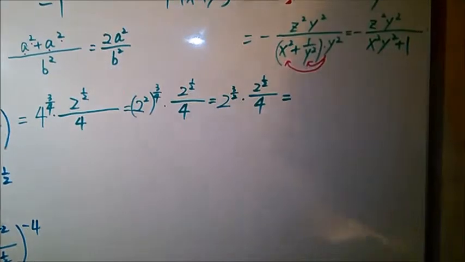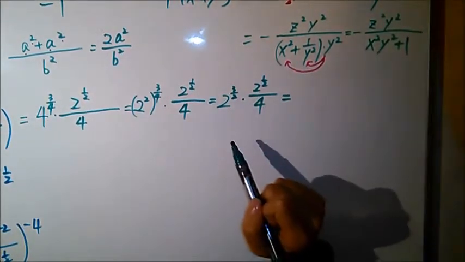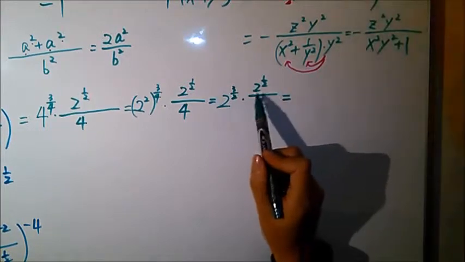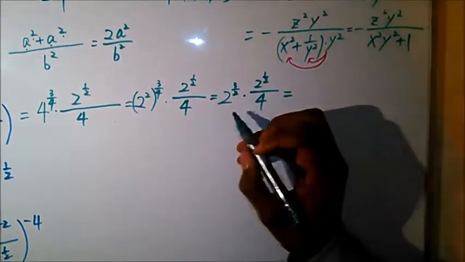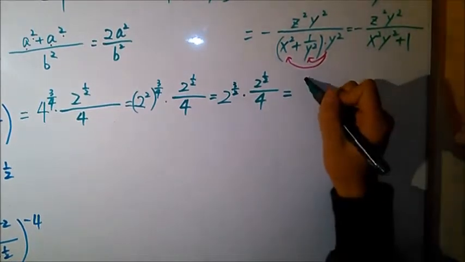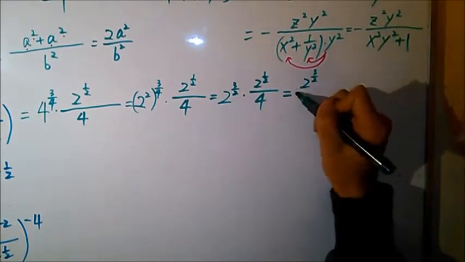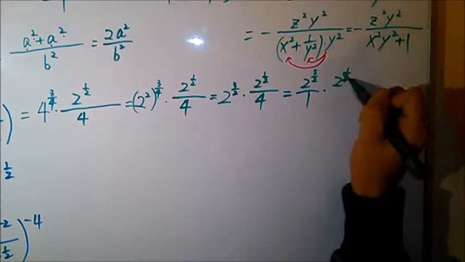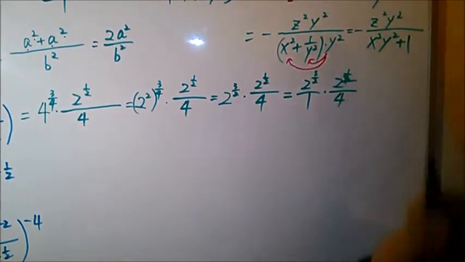And look, we have 2 as a base here on the left. See that one? And another 2 as a base, right? They're both numerators. So here we can make this into an invisible 1, times 2 squared, 2 to the 1/2 power over 4, right?